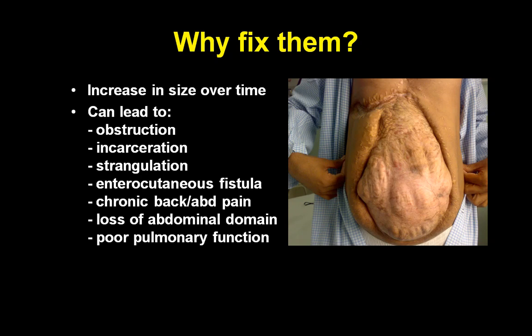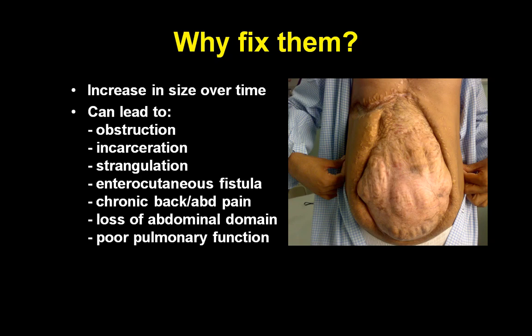Now, why do you have to fix an incisional hernia? Look at the picture here, showing an extensive herniation of the bowel contents. You can see the intestine, the skin is stretched, the muscles are completely divaricated or away from the midline, and there's a big weakness. Now if you leave this, what happens? It can lead to obstruction of the bowel, incarceration, strangulation, enterocutaneous fistula.